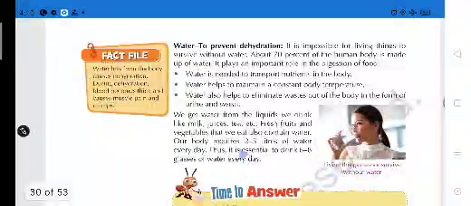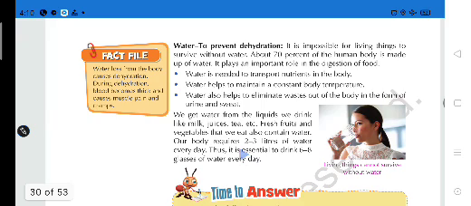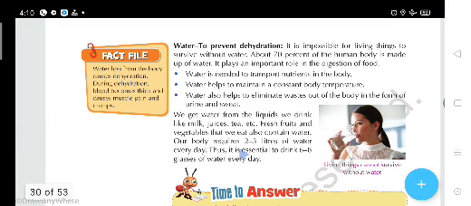So for removing these waste substances like urine, sweat, ammonia, urea and feces from our body, which thing is required? Water, the presence of water. I hope you have understood why water is required for us.